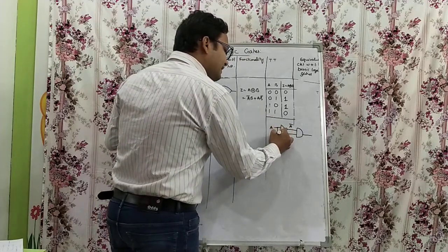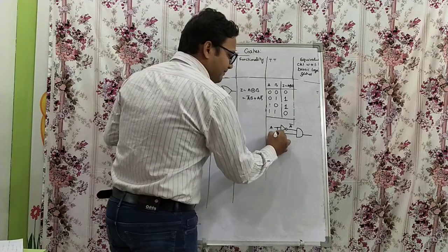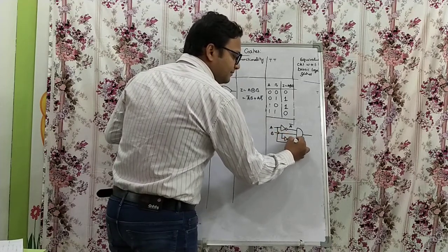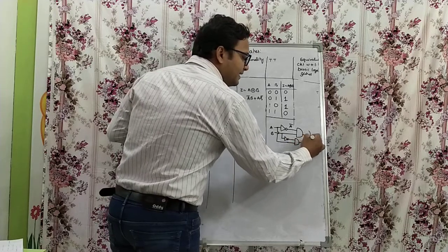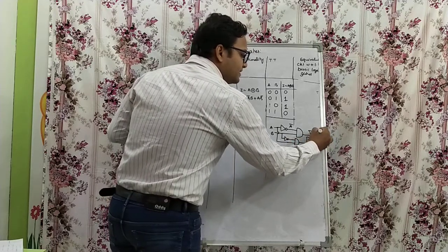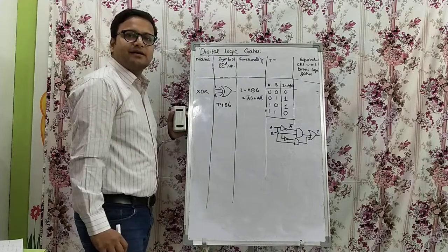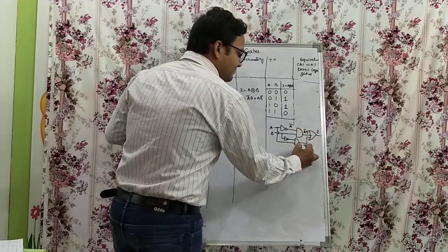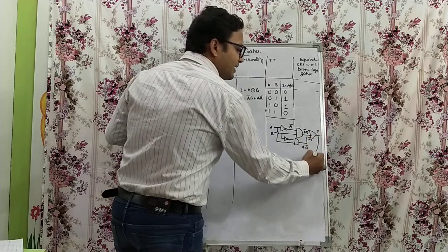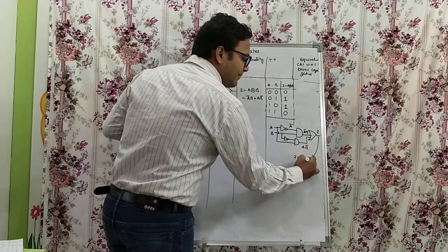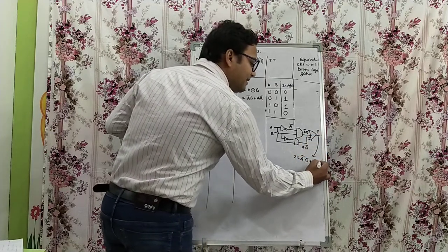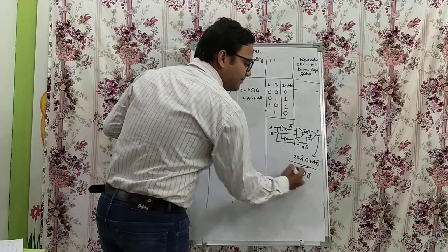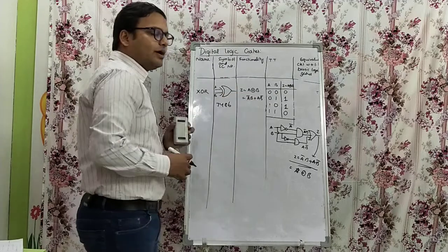So we can take A, B bar, AND gate, and finally OR. So this is Z equal to A XOR B. This is my A bar B, this is my A B bar. Finally using OR gate we got Z equal to A bar B plus A B bar, which is nothing else than A XOR B.